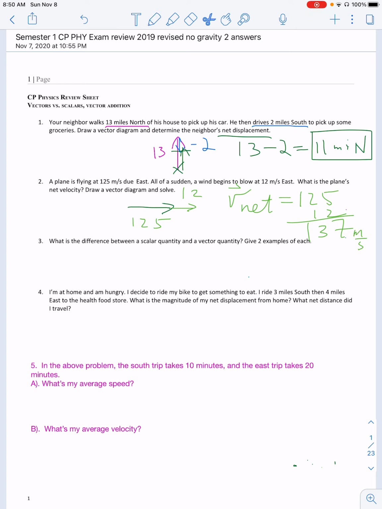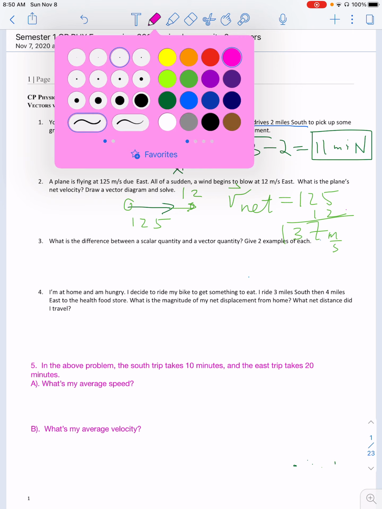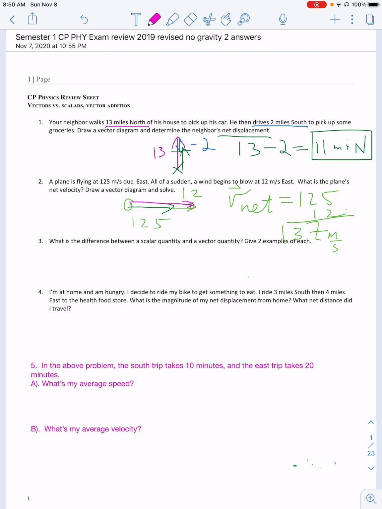Then I have to mention the direction because they're asking for the velocity, not just the magnitude of velocity. So that would be from the start to the finish, as you can easily see and probably do in your head, it would be east. So there's my answer there.